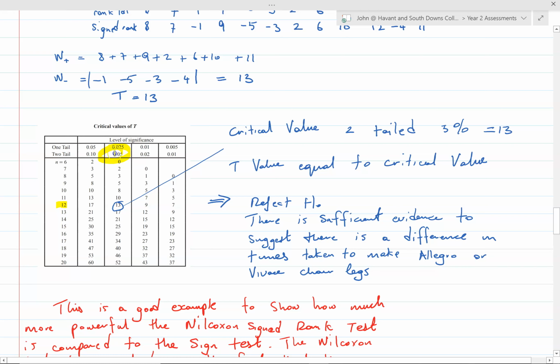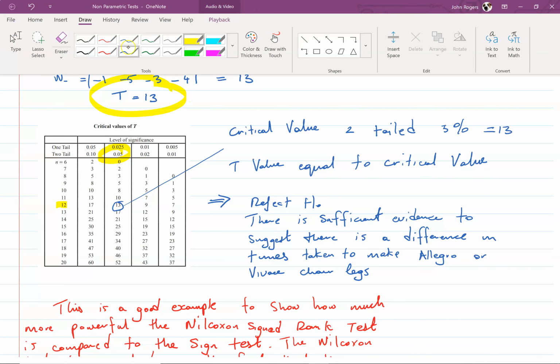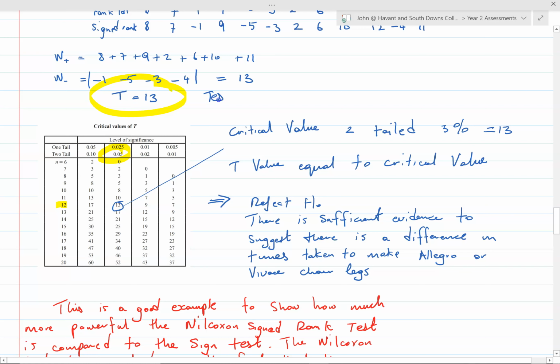So two-tailed at 5%, we have a critical value of 13, which is exactly the same as our test statistic. So our test statistic is exactly that critical value.